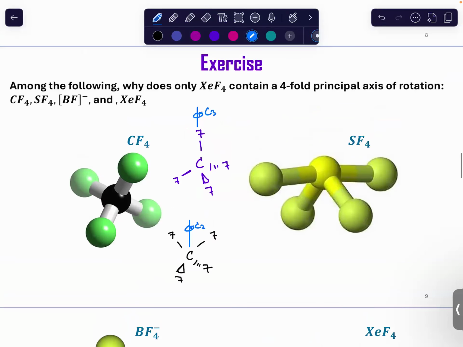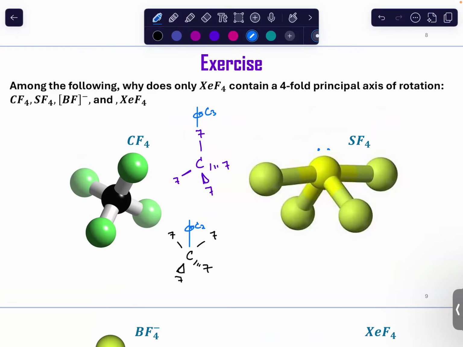Okay, well, let's look at SF4. Do you recognize that geometry? You can review this in chapters 1 and 2, because we did this in Gen Chem and they don't really go any deeper into it. It's your molecular geometry. It's got a lone pair. Yes, this is your seesaw.